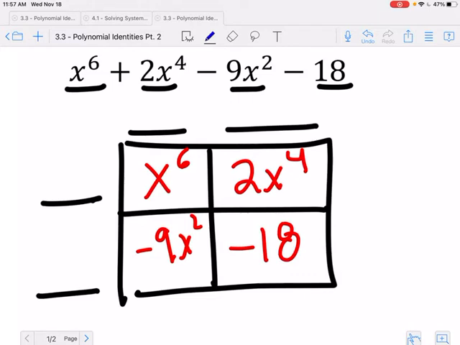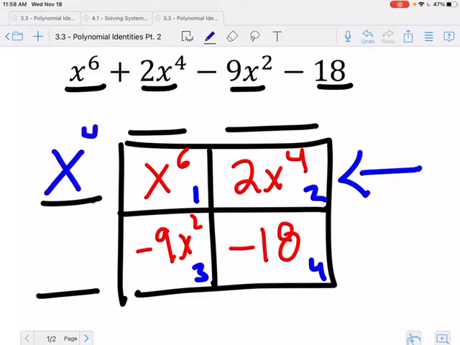So I'm going to just number them 1, 2, 3, and 4, and I'm going to be taking the greatest common factor out of 1 and 2. Now, if I look at 1 and 2, I can see that they both have x to the power 4 in common. They don't have a coefficient in common, but they do have x to the power 4 in common, which means that I can actually take x to the power 4 out of each one. So the greatest common factor out of those 2 would be x to the power 4.